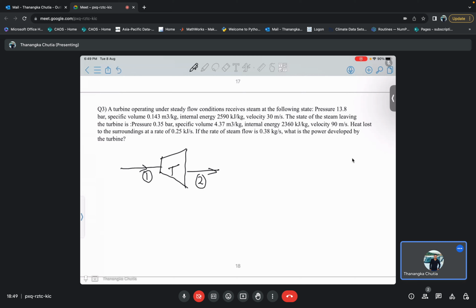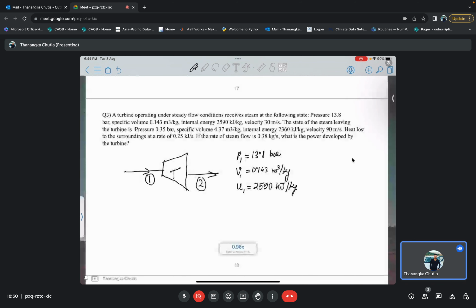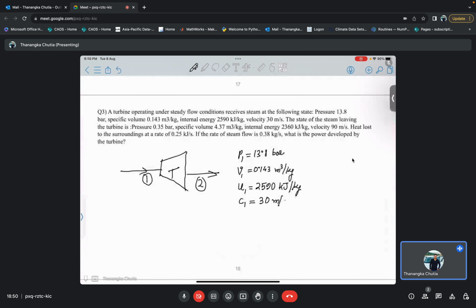So what are the things that are given? At the inlet, my pressure P1 is equal to 13.8 bar, my specific volume V1 is equal to 0.143 meter cube per kg, my internal energy U1 is equal to 2590 kilojoule per kg, and my velocity C1 is 30 meter per second.